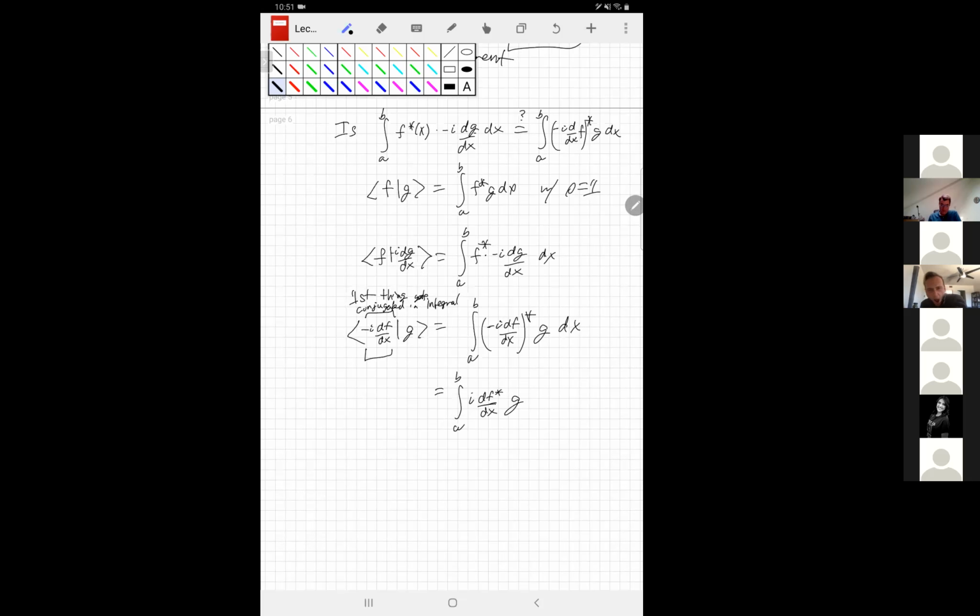You're thinking, well, what if I'd done things the other way? What if I had g inner product with minus i df/dx? That would be the integral from a to b of g star times minus i df/dx dx.